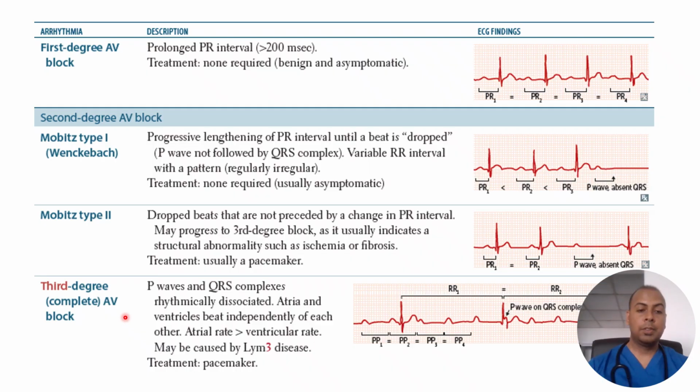In a third degree AV block, the rhythm is typically regular, and Mobitz type 2, the rhythm is typically irregular. And that's because in third degree AV block, the ventricles and the atria are dissociated. They're doing their own thing. That's why the rhythm usually follows the ventricular beats, making it regular.